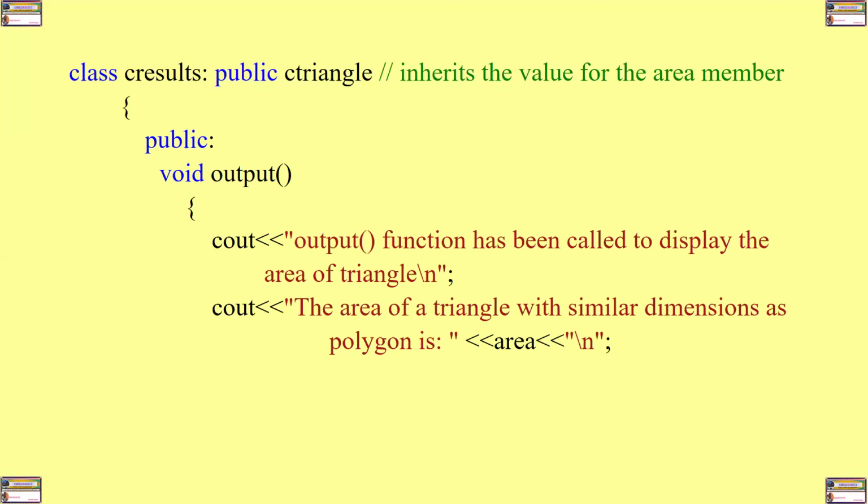My dear students and the rest of the learners, note that once this statement is executed, the compiler will pick the value stored in the member from the derived class called CTriangle by the name area, display it on the screen, and then drop one line. And that's what that method will be doing in that class.